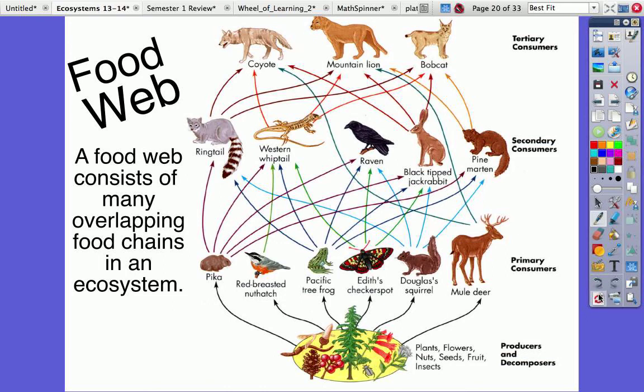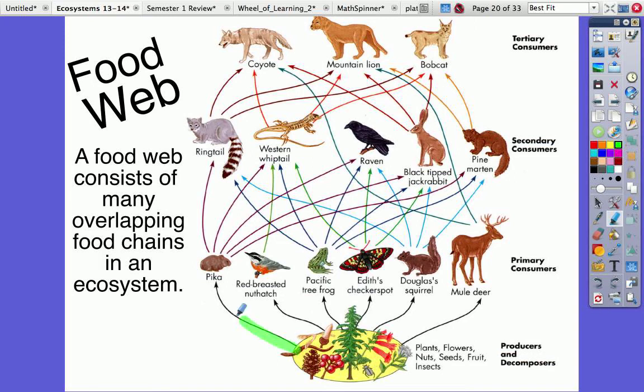So whenever you look, you actually have three top organisms here. You have your producers down here. They won't always be at the bottom, but they usually will start and always will start the food chain or food web. They could be at the top and you just have the arrows pointing down. It just depends upon which one you actually look at.